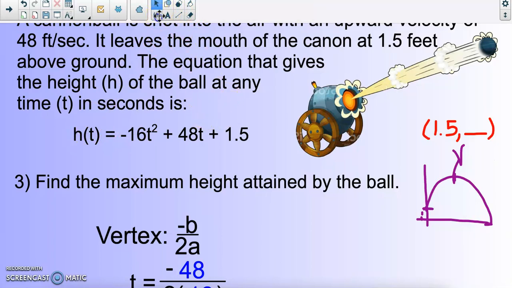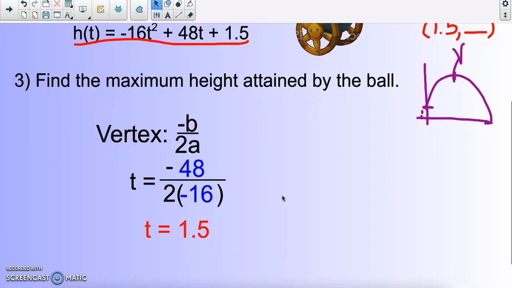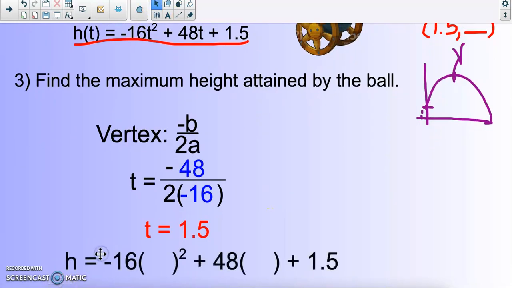So how do I find that h value? Well, I have this lovely little recipe right here. It says you can find the h value if you know the t value, and I know the t value, it's 1.5. So I'm going to take that recipe for height and plug in 1.5 everywhere there should be a t.